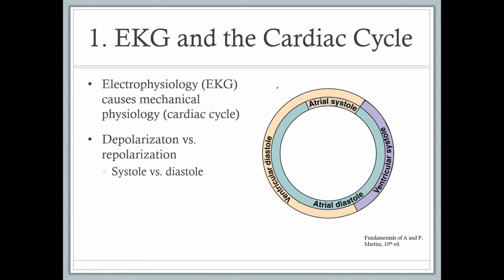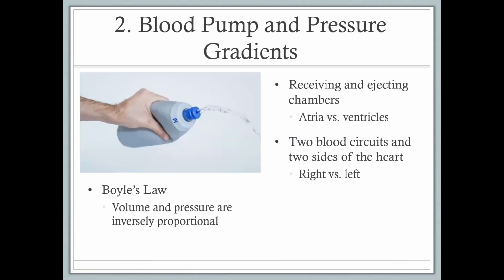So when you think about the EKG and the cardiac cycle, you need to realize that first you have the electrical events, and then those lead into those physical contraction events. What's the purpose of the physical contraction? The physical contraction comes from the electrical stimulation, but what is the purpose of those physical events? What is the purpose of contraction?